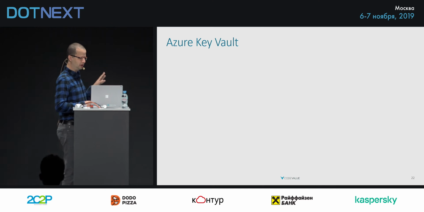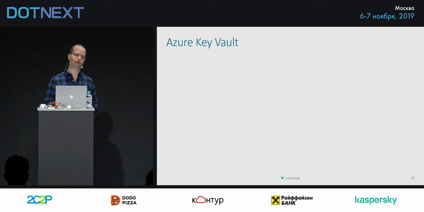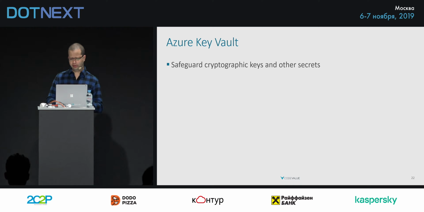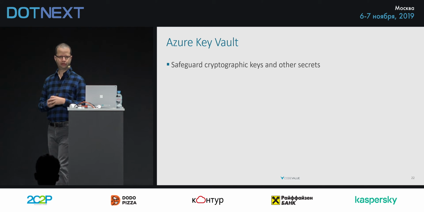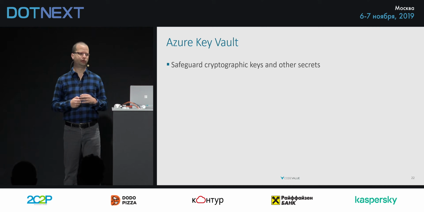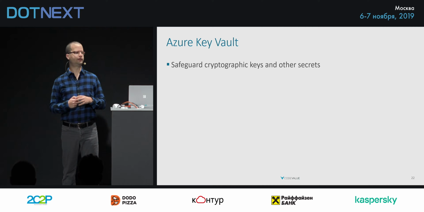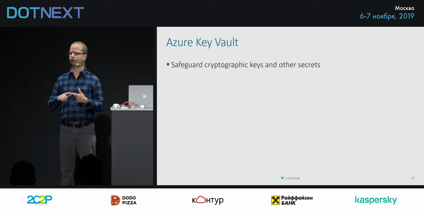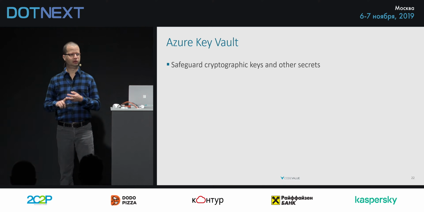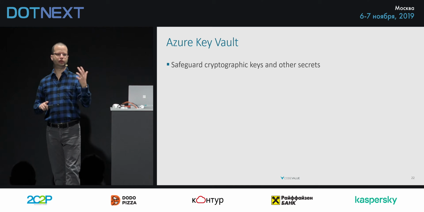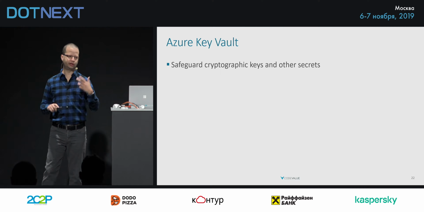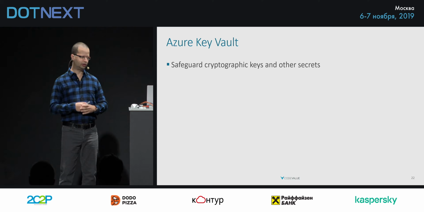Now, for this part, we decided not to write it ourselves. We decided to use a service in Azure, which is called Azure Key Vault. And Azure Key Vault is a platform service which is meant to safeguard cryptographic keys and secrets, meaning that if you have any sensitive information in your app, let's say passwords, connection strings to databases, encryption keys, and so on, you can use Azure Key Vault to securely store them and manage access policies, who can access it, audit it, and so on.